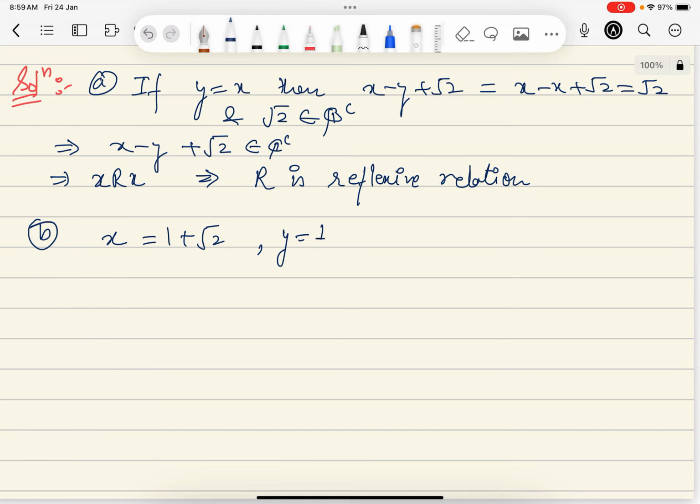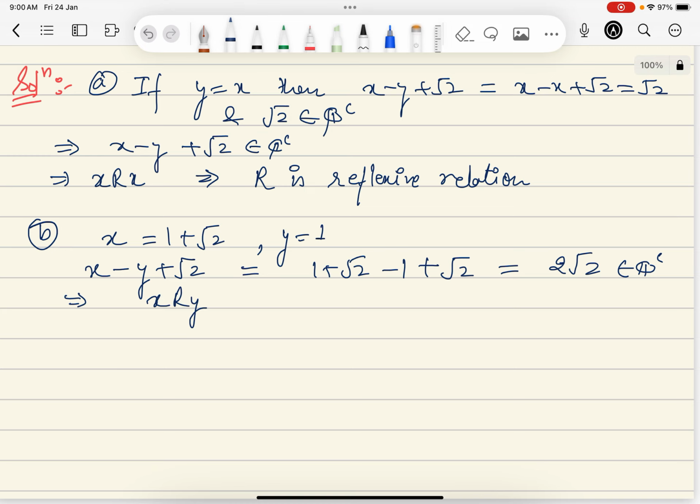Then we have x minus y plus root 2 will be 1 plus root 2 minus 1 plus root 2, that is equal to root 2, okay, which belongs to Q complement. So this implies x is related to y.